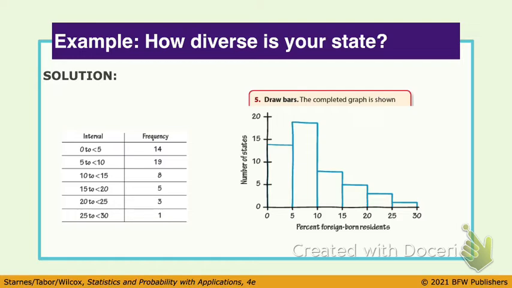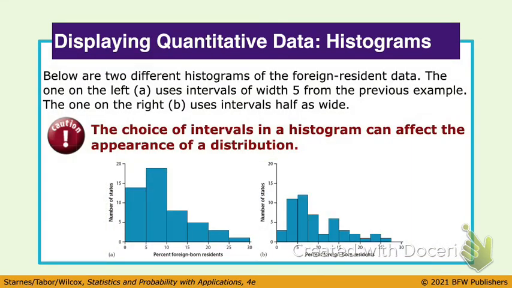Any questions about how to make a histogram? Histograms are kind of fun. Yes? So I only have to go up to the number, hang on, let me go back.